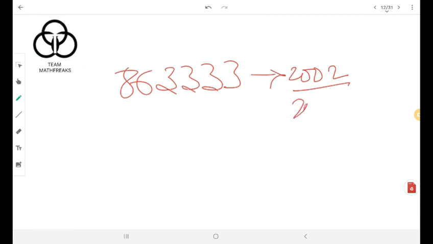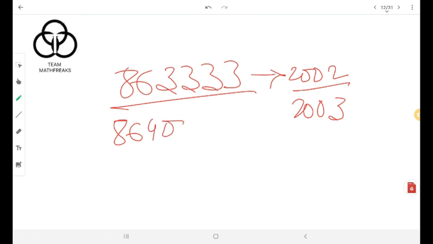We can find the 2003 term according to the rule provided. In increasing order, 864, 0, 0, 0, 0, one extra 0. Then the next term 864, then 3.